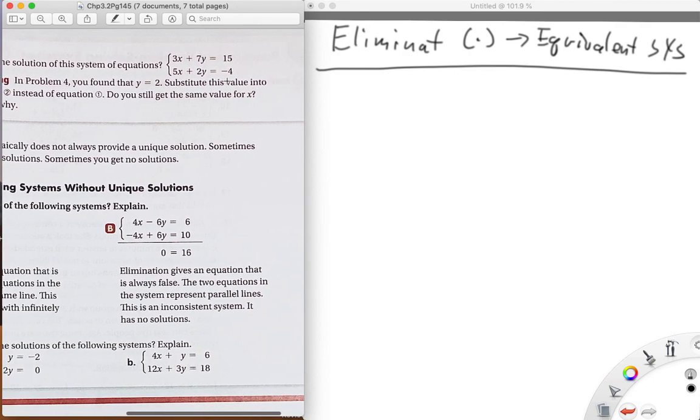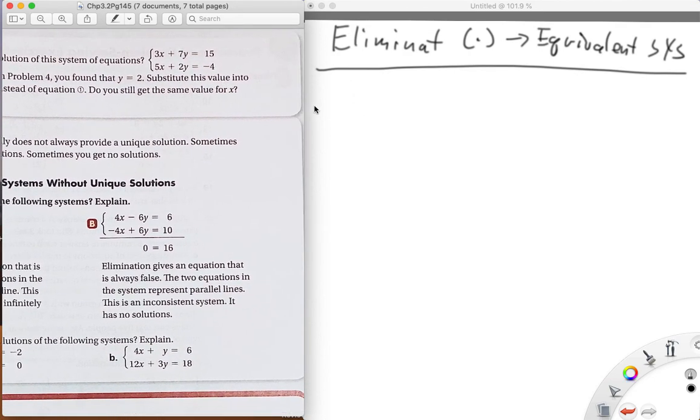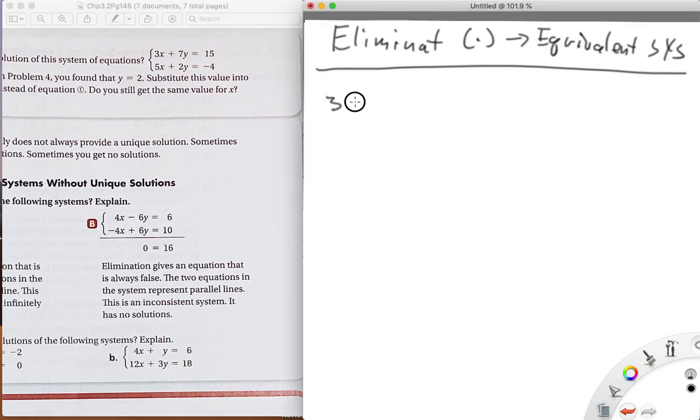So here they give me 3x plus 7y equals 15. Here they have 5x plus 2y equals negative 4.